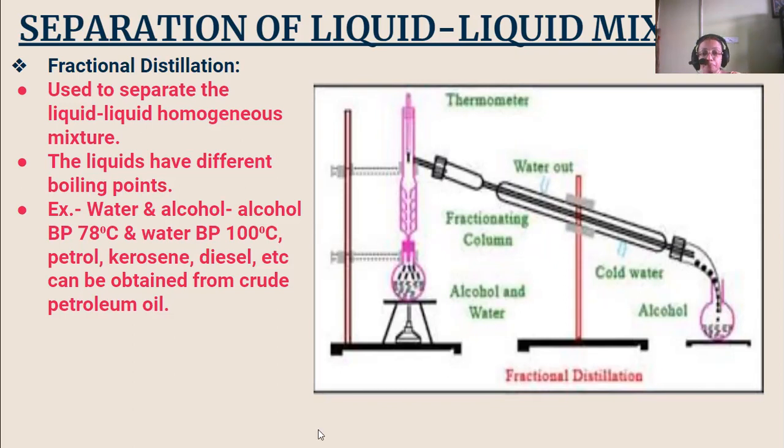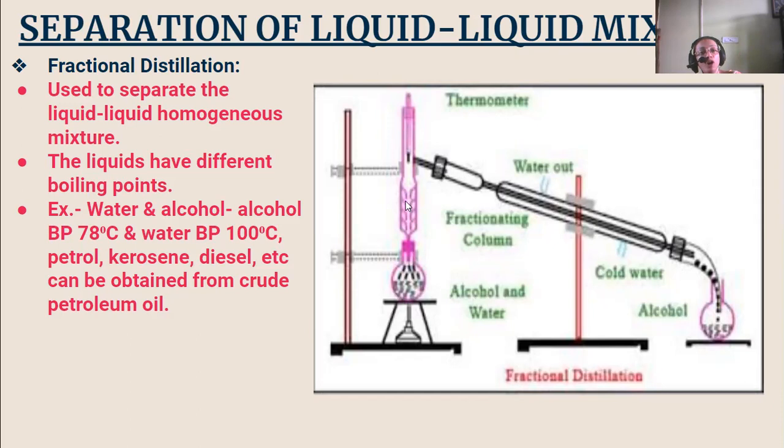The process is: this is the distillation flask where we put the mixture and it is boiled. There is a fractionating column and a thermometer attached to it, and this is the Liebig condenser attached to it. When the temperature rises to about 78 degrees centigrade, in case of water and alcohol, the alcohol becomes vapor and rises up.